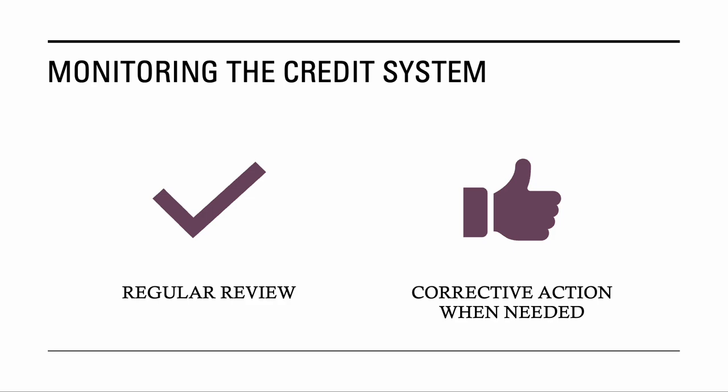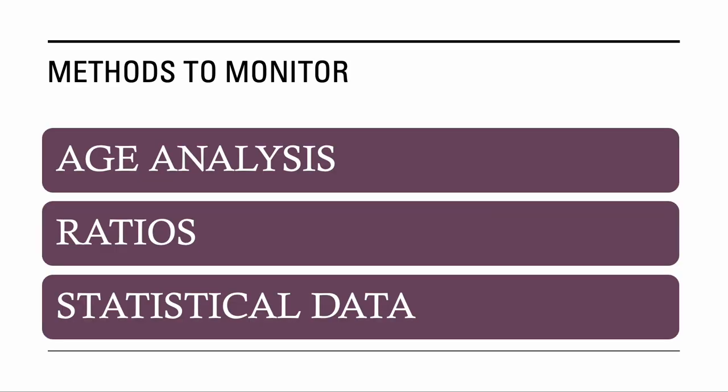In which case, I might take a corrective action to offer credit to this particular customer only for $500 worth of sales, and that could be a corrective action which can save and protect my financial health. So that's really another key aspect of the credit policy.